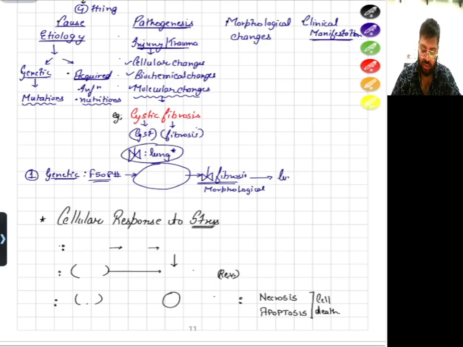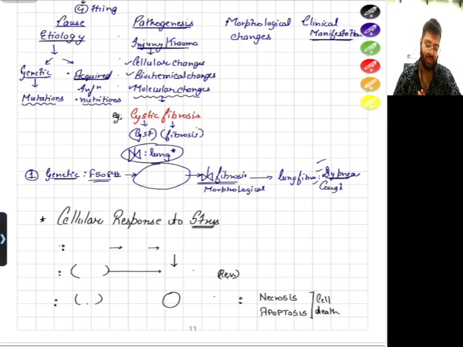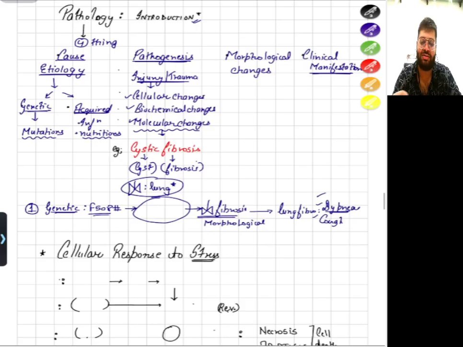Lung fibrosis leading to dyspnea, cough, or other features. But cystic fibrosis is a systemic disorder, so other organs will be impacted, actually. So there is a long list of features. That's how we discuss a disease under the heading of pathology, and how we learn pathology about any disease.